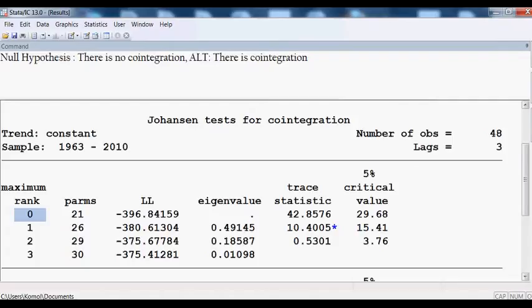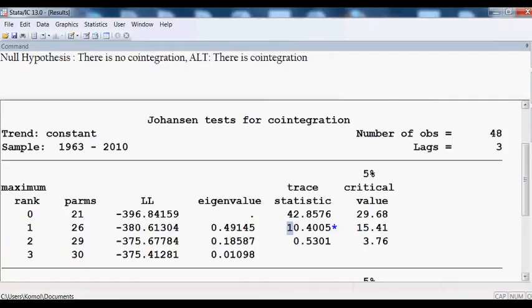So when I reject 0, then immediately I come here. So what is 1? 1 means there is one co-integrating equation, right? So it is my null hypothesis now.